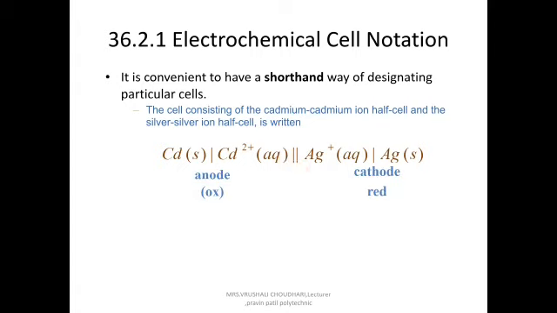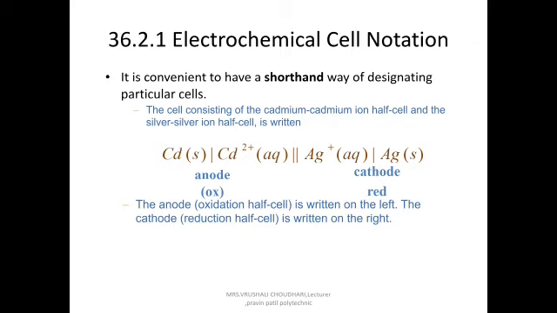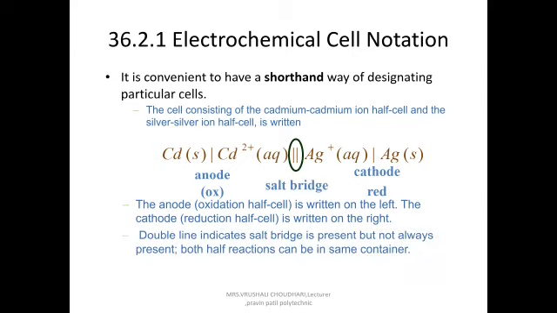This is the anode, where oxidation takes place. This is the cathode, where reduction takes place. The anode reaction is always written on the left side, while the cathode reaction is written on the right. A double line indicates the salt bridge and external connection.